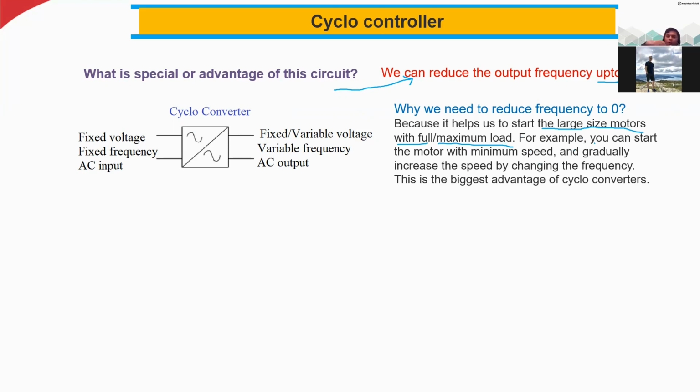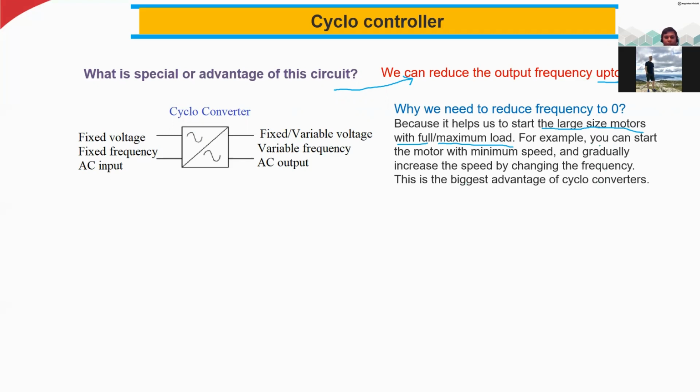You have so many copper conductors on the core, that is called winding, right? In transformers we have windings, in motors we have windings. Basically winding is nothing but an inductor. Inductor is just like rolls.